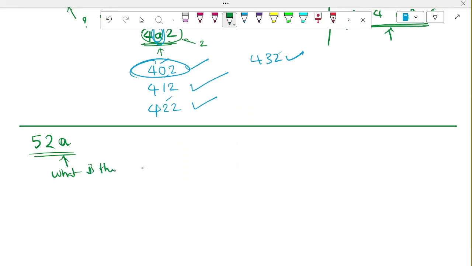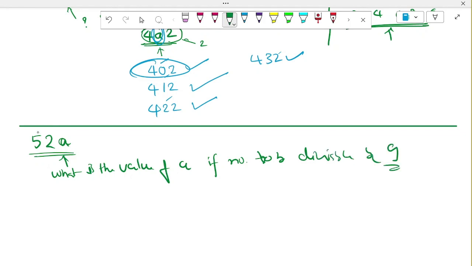What is the value of a if the number is to be divisible by 9? If I want this number to be divisible by 9, then what should a be equal to?